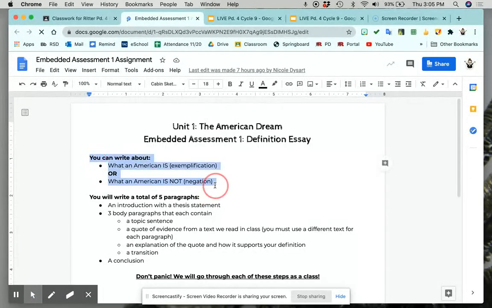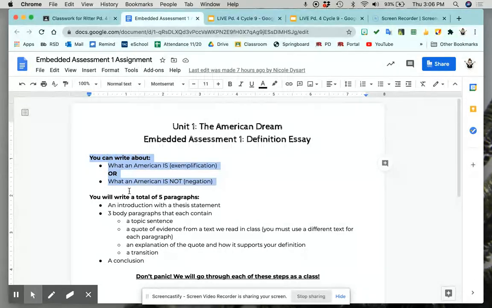You can write about what an American is, which would be using exemplification, and you would give 3 different examples of qualities Americans have. Or you can give 3 examples of what an American is not, which would be using negation. So if you find it easier to say, not sure what an American is, but I know some qualities that an American does not have, you can approach it from that angle.